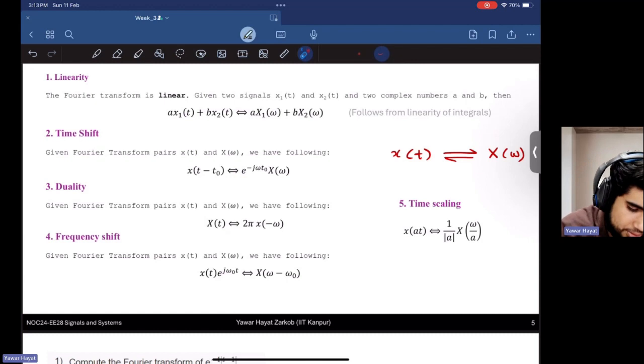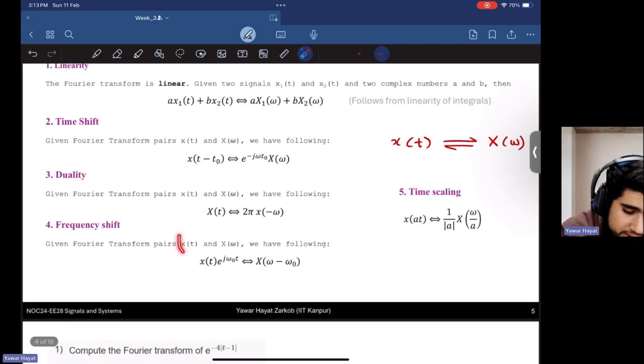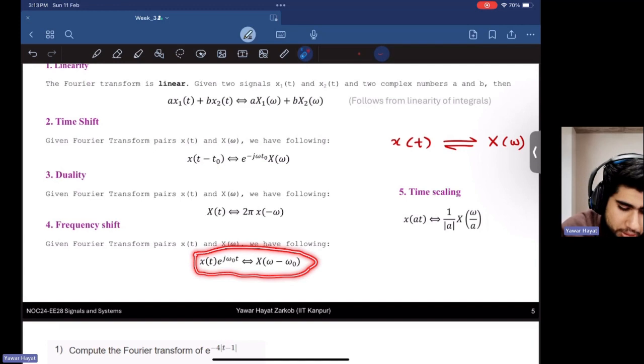All right. So the frequency shift again: given the Fourier transform pairs x of t and x of omega, we have the following property.